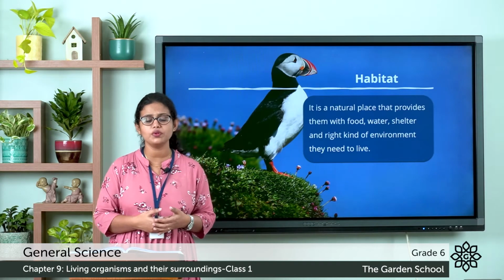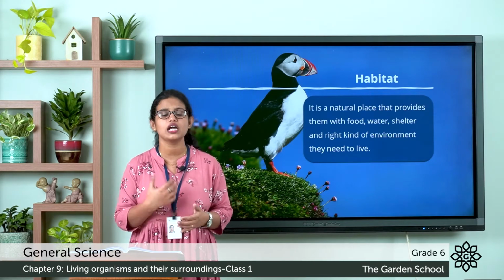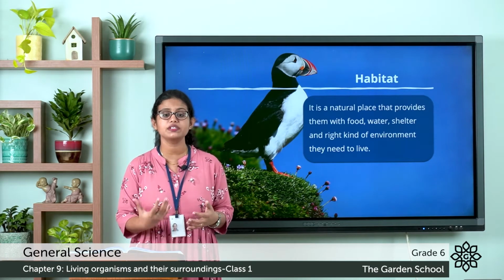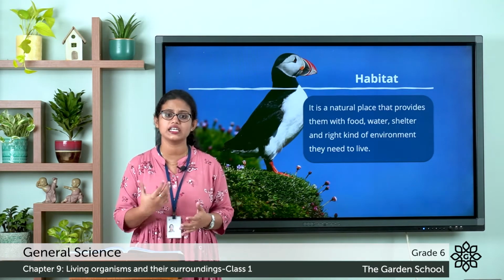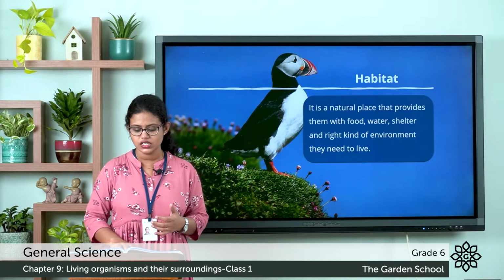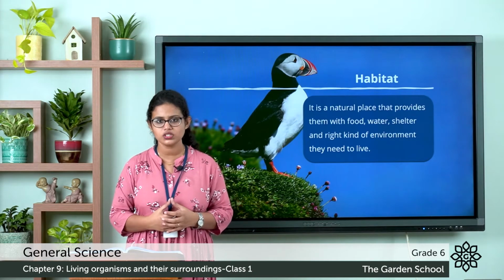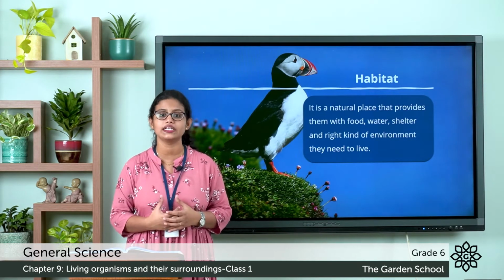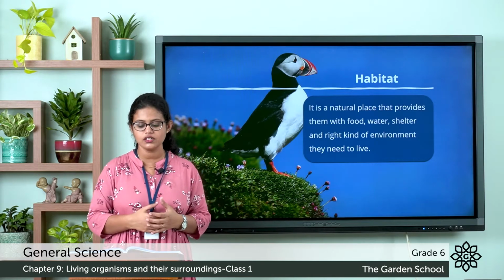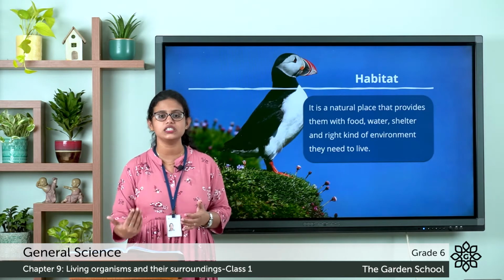Let's take the example of the wild ass. It is found in desert. The habitat of the wild ass is desert. If you take page number 111, there is a paragraph that tells about the habitat of the wild ass, and that is the Ran of Kutch in Gujarat, which is a hot sandy desert.